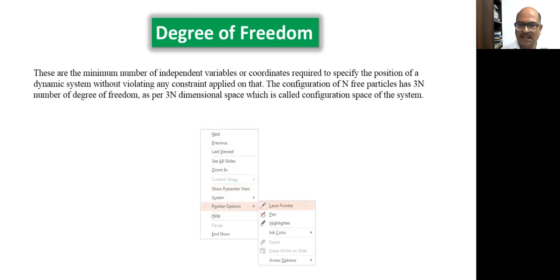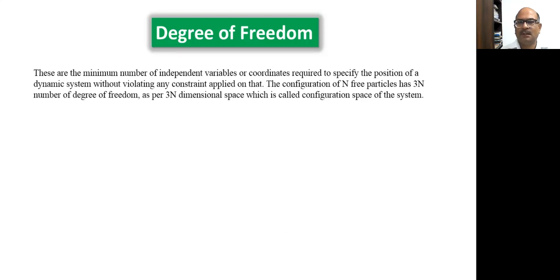So you must understand that, and these things you must identify. Now the condition is without violating any constraint applied on that.